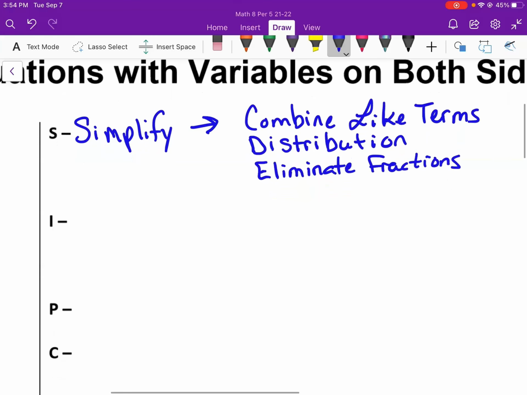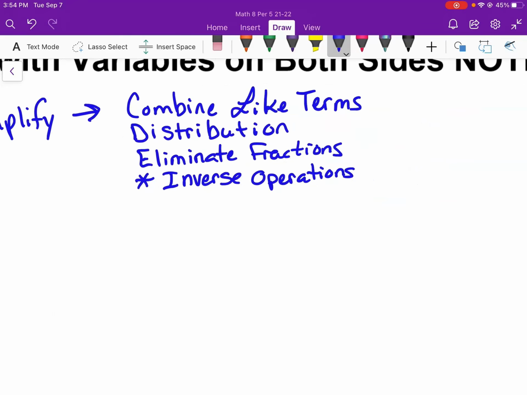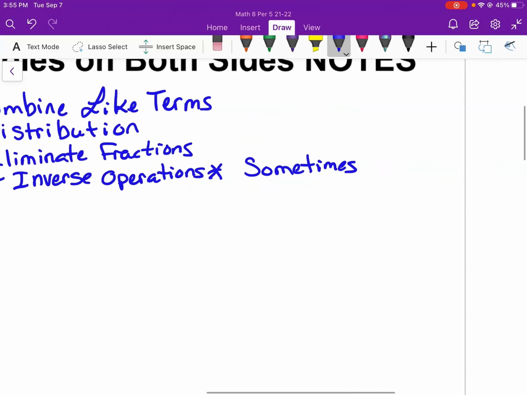And in certain circumstances, this is not all the time, you'll use inverse operations. Like I said, this is a sometimes thing. Usually what that means is we're going to get into go big or go home. And we'll get into that a little bit later.